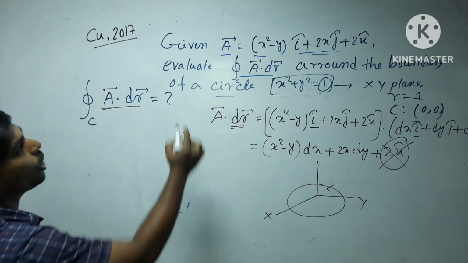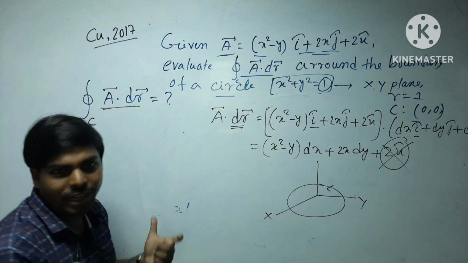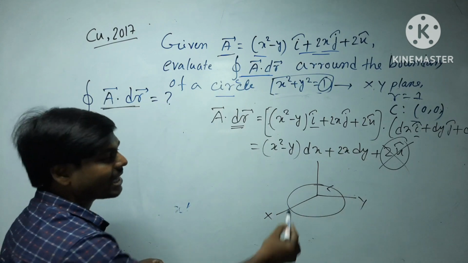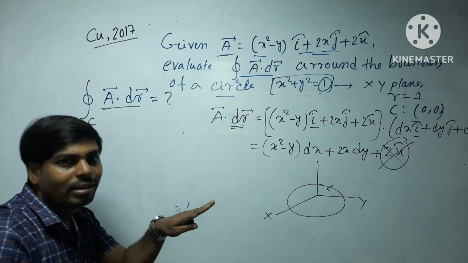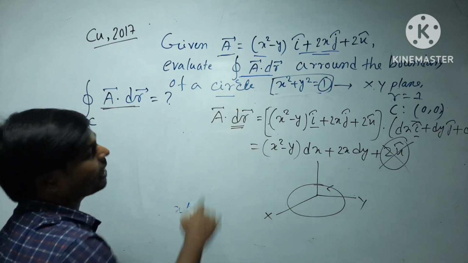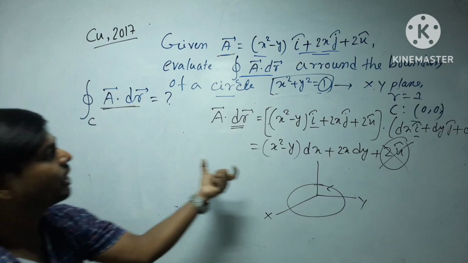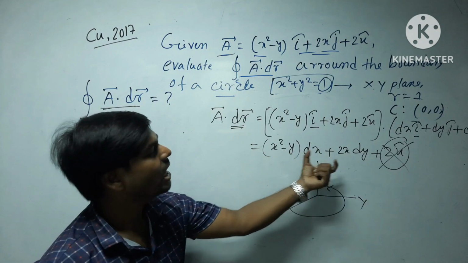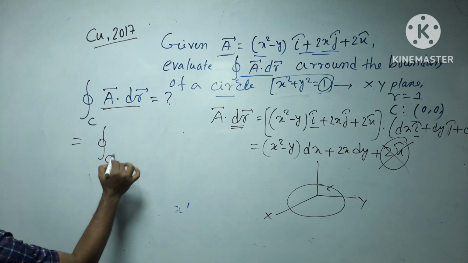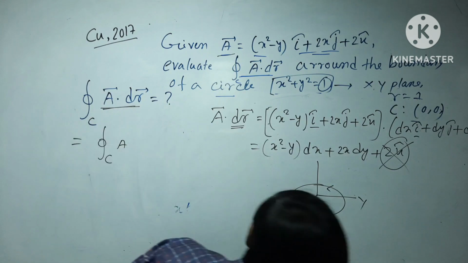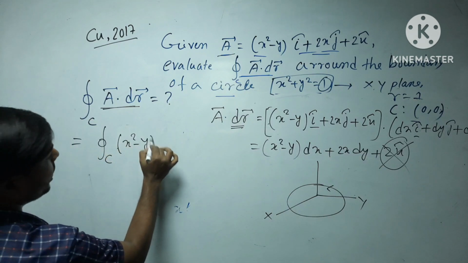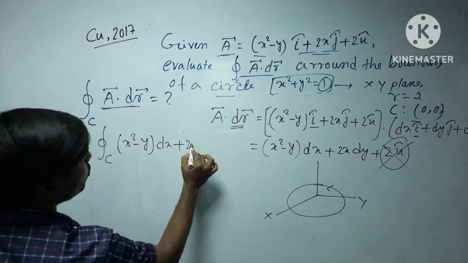So although this is a three-dimensional vector field, this integration is done over a circle which is in the xy plane. So our integrand a vector dot dr, a integration এর মাঝের অংশ, is nothing but x square minus y dx plus 2x dy.